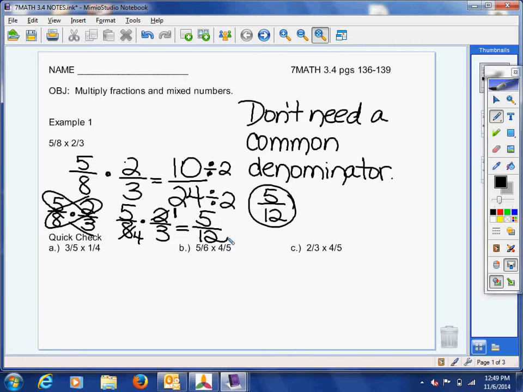This strategy up top is multiplying and then reducing. This strategy reduces first, then multiplies and gets the answer. But you see, we got the same exact answer.